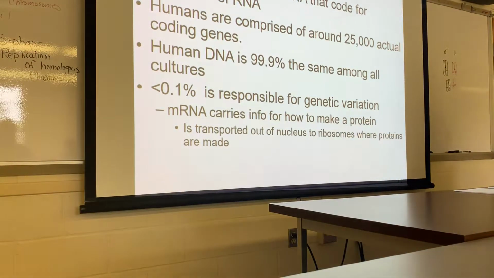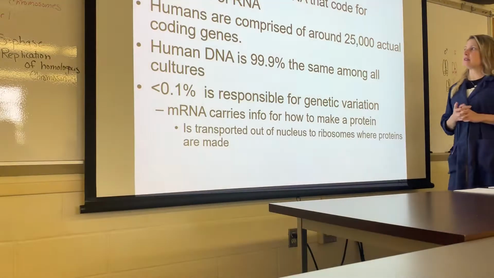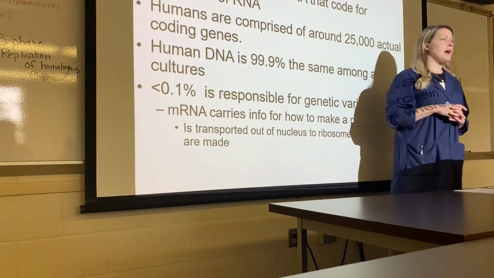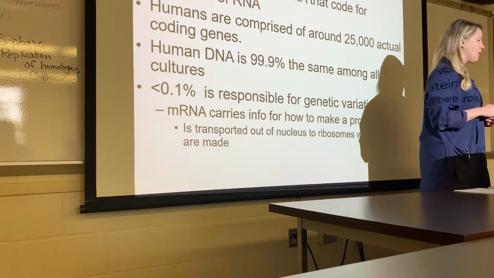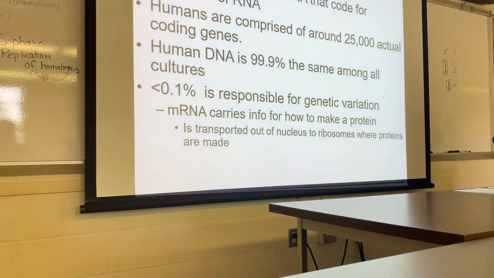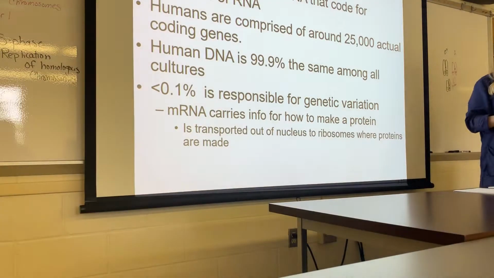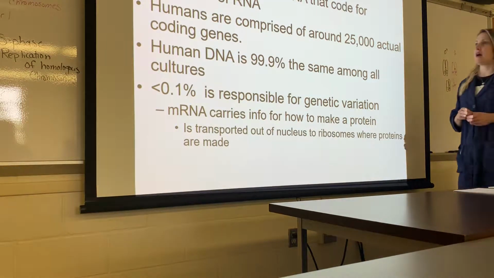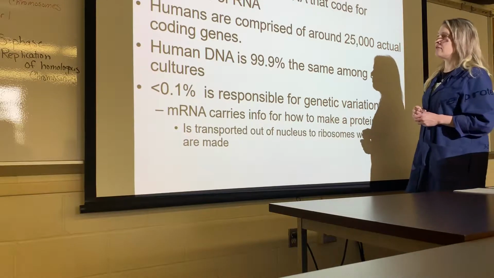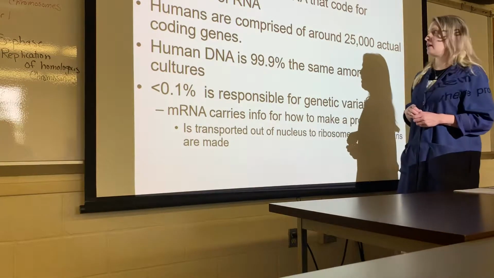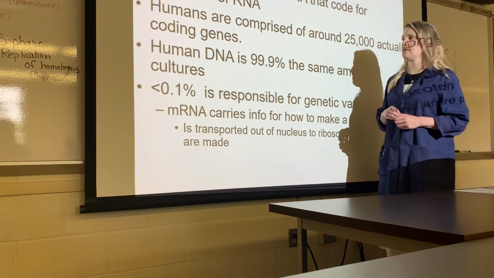Interestingly, we have 25,000 actual coding genes. There is actually a lot of DNA that is not coding. We have just nonsense is what they call it. It doesn't code for anything. But mixed among that, we have 25,000 actual coding genes.